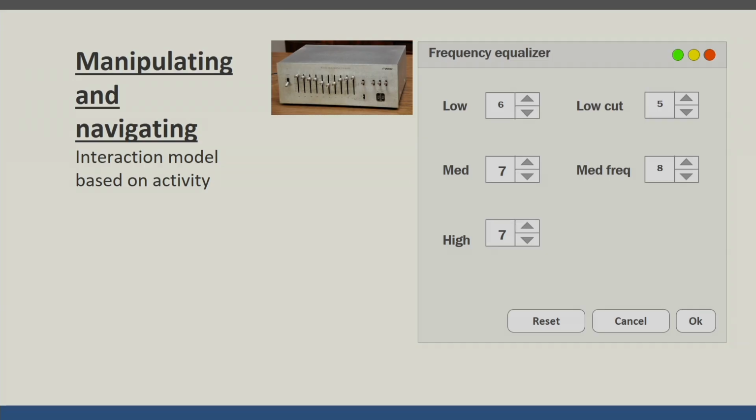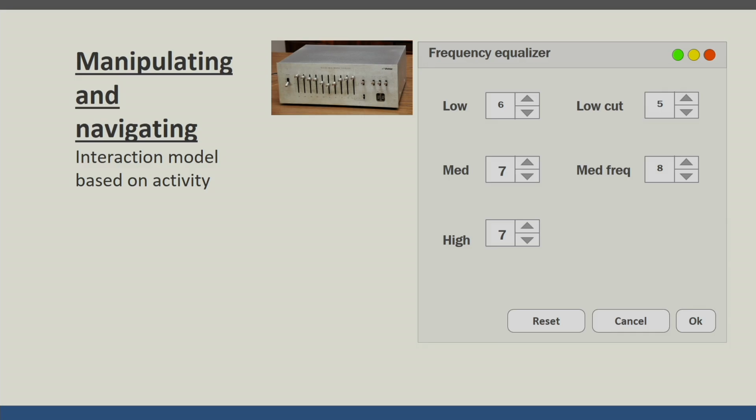Here once again you have the same graphic equalizer, the hard product from the physical world, and the graphic designer, instead of choosing to literally reflect the hard product, has done something different. He has given numbers, and the numbers can be increased or decreased, as well as the users can type this number onto the given space.